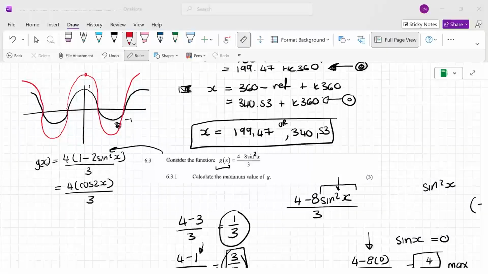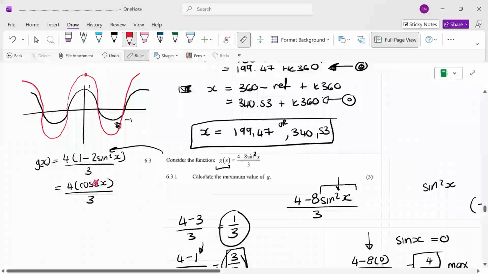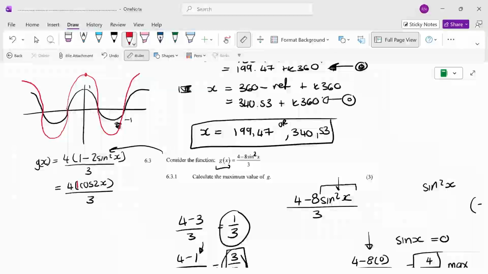It's 1. Now, if we make it a cos 2x function, aren't we increasing the amplitude? Unless, oh no, sorry, so ignore this graph. It's still a 1 function because your amplitude is still 1. It's still going to look like this, just a little bit different.